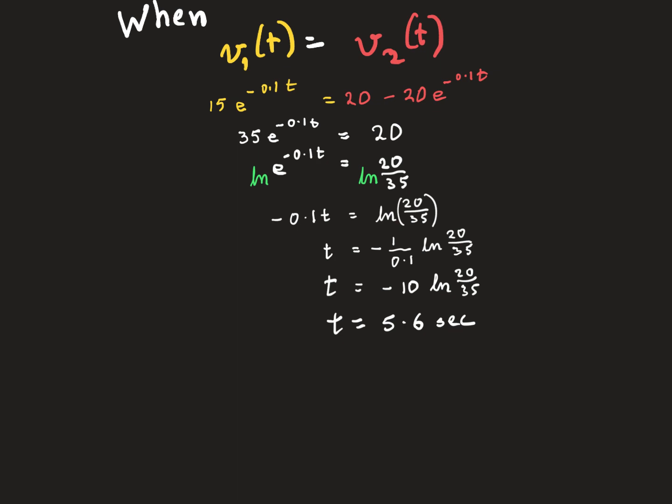But did they actually catch up? Did the lion catch up with the zebra? Well, if we wanted to find out if it did, we would need to calculate from 0 to 5.6 seconds where the lion is.